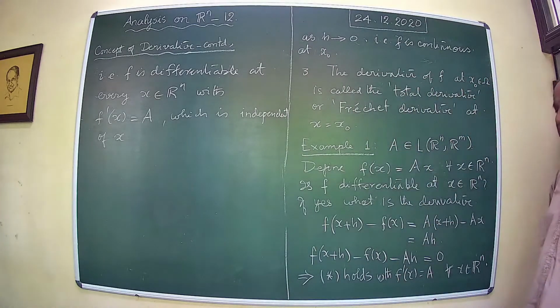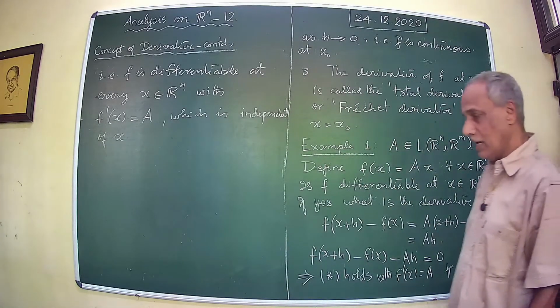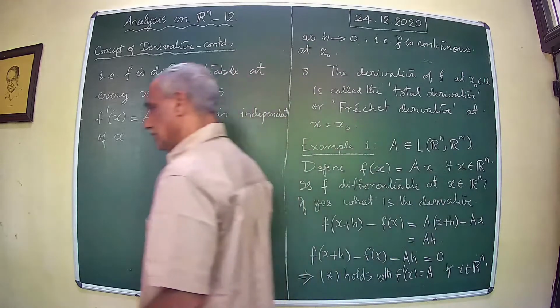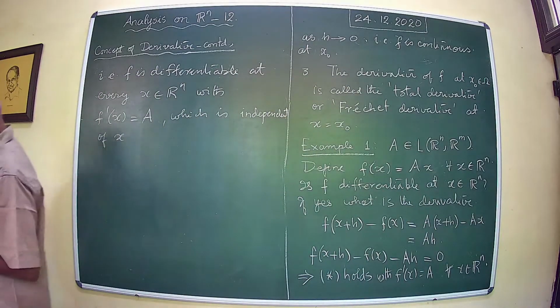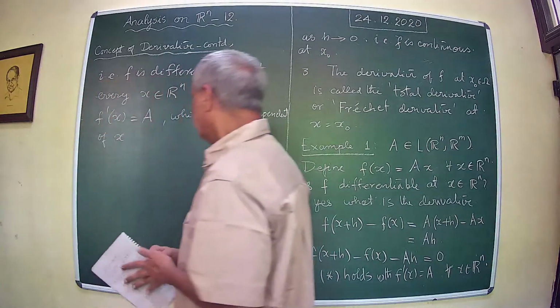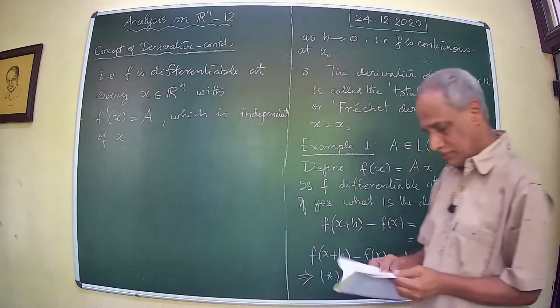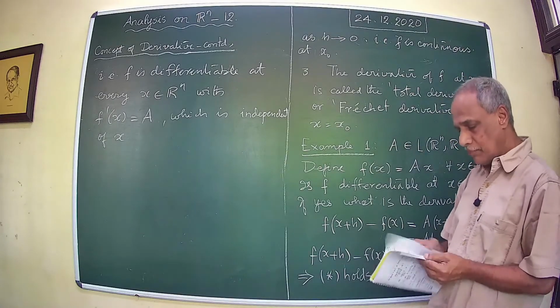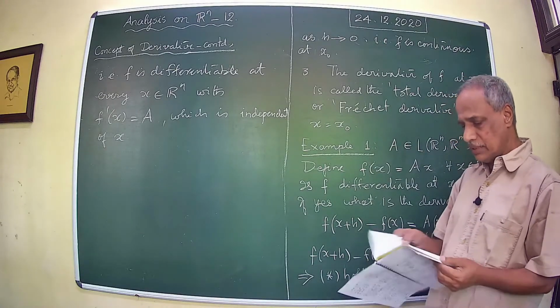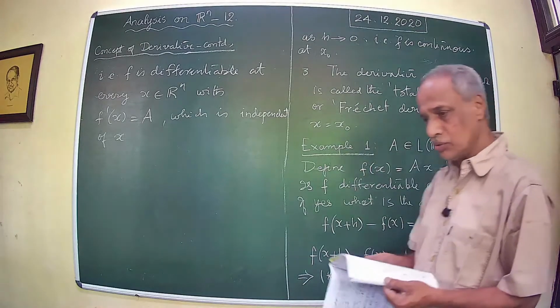The constant being a fixed linear transformation that is appearing in the definition of f. Now we will look at some examples which give you some insight into this.